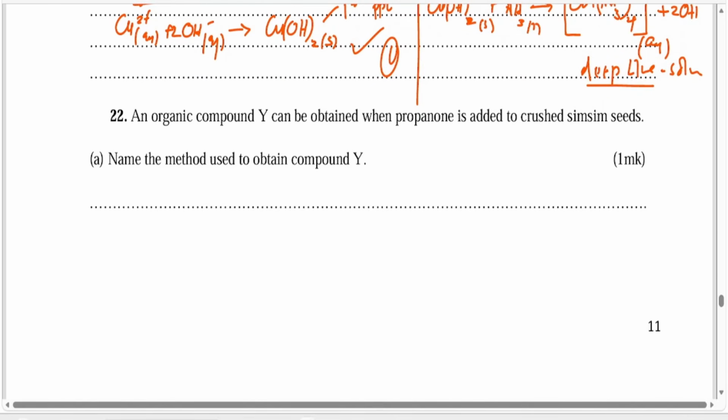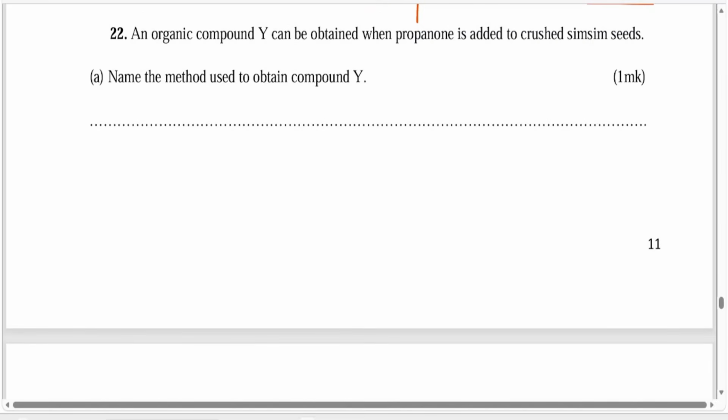Question 22. An organic compound Y can be obtained when propanol is added to crushed simsim seeds. Name the method used to obtain compound Y. So propanol we know is used as a solvent during the extraction of oils and other substances.